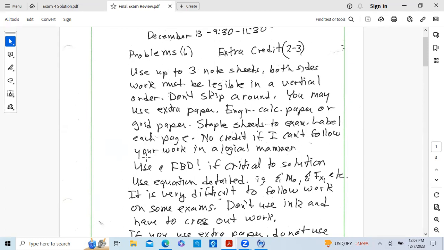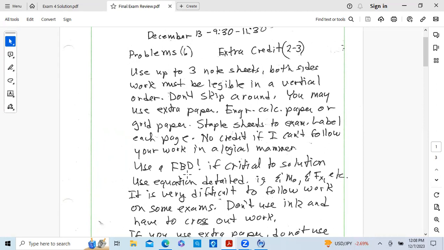If the problem calls for a free body diagram, draw the free body diagram. Do not use the original drawing or problem on your page. Draw the free body diagram, including dimensions, all the forces, and the unknowns.